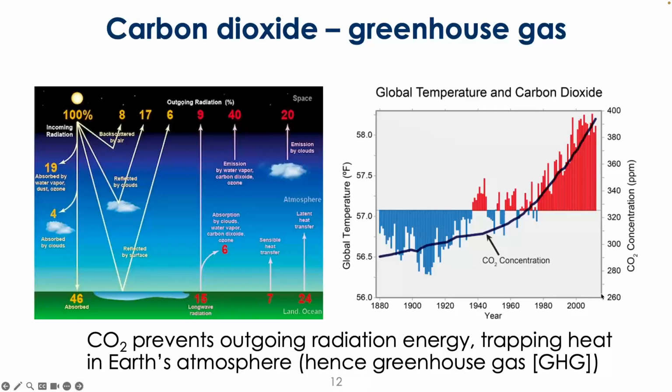This is the mean measure of CO2 concentration annually over time. And this increase is really due to anthropogenic or man-made contributions of carbon dioxide. And as that has gone up, we have seen global temperatures increase every year as well.